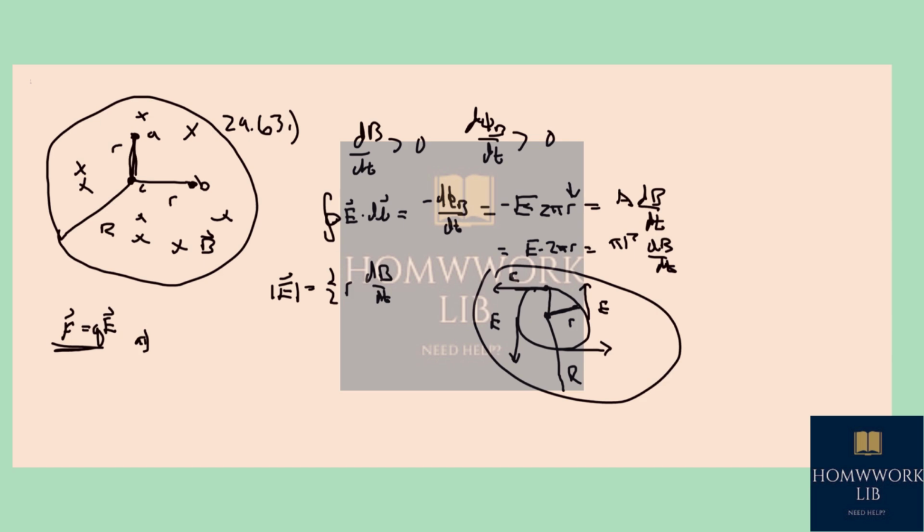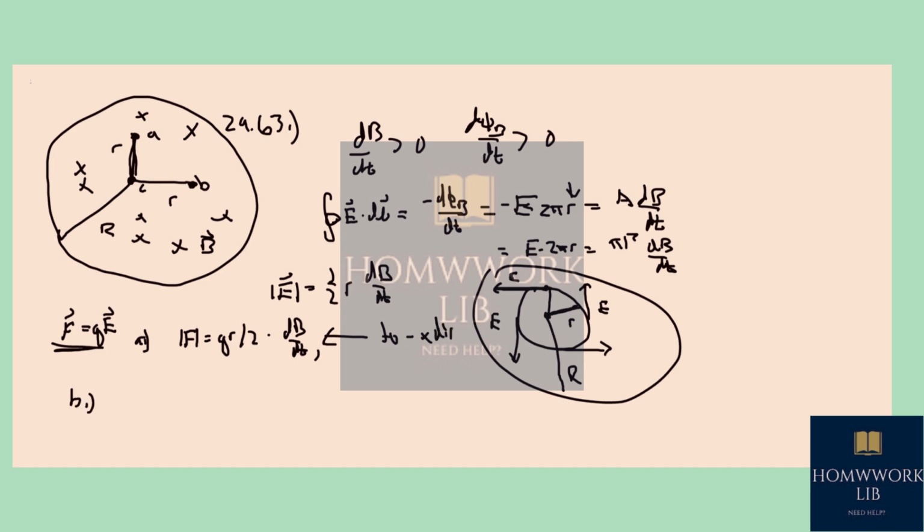You can see here that the E field is pointing to the left. So the magnitude of F is QR over 2 times dB dt, and the direction is to the left, the negative x direction.